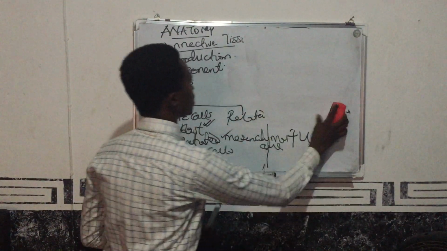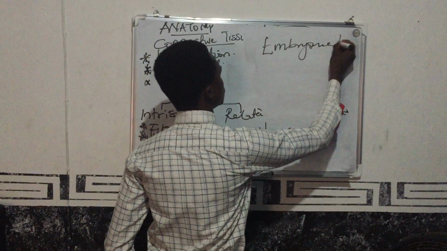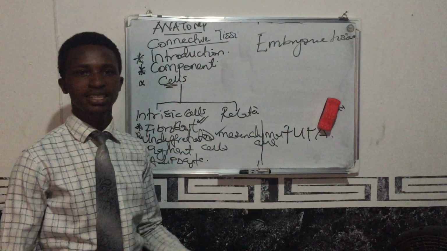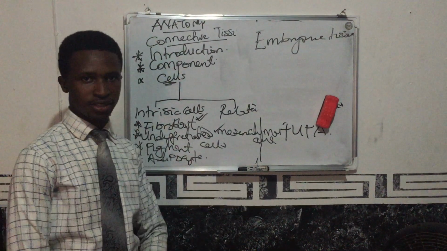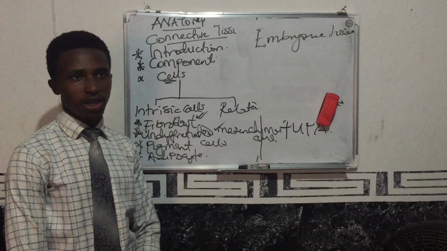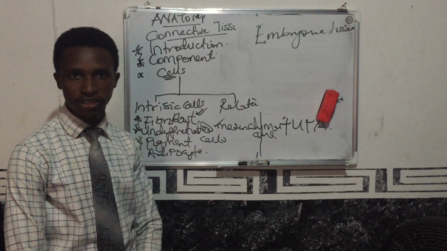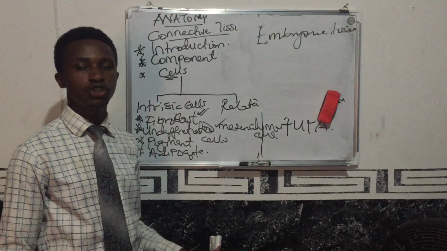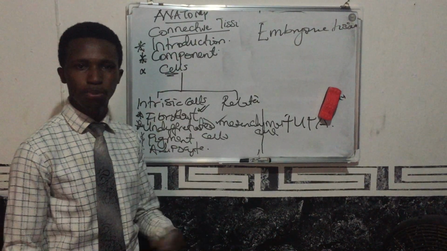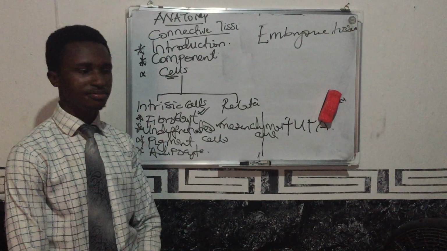These cells later differentiate into various components of connective tissue. If the cell has not differentiated, you do not know which aspect of connective tissue it will give. But when it differentiates, it gives rise to various components such as cells, ground substance, or fibers.